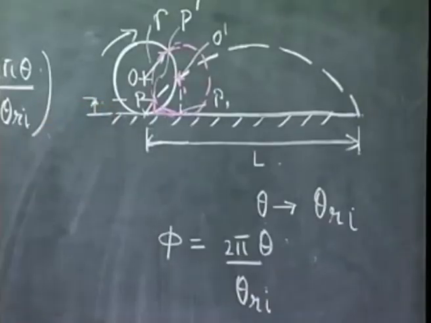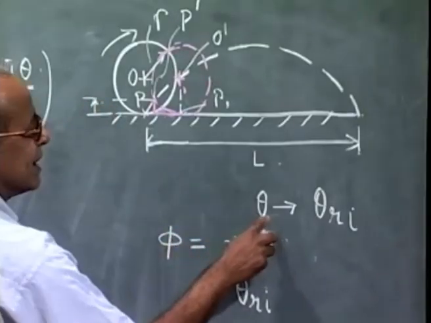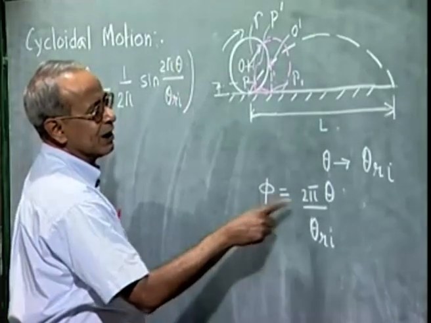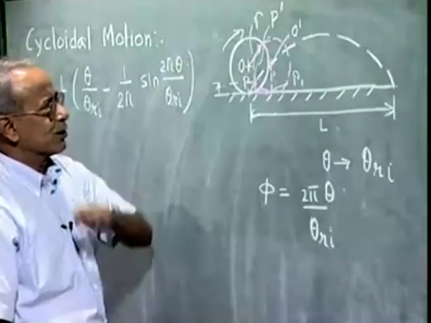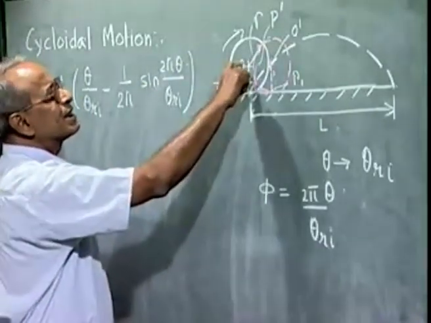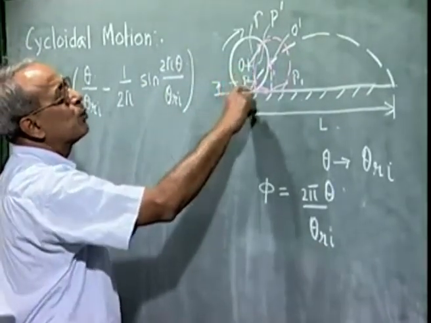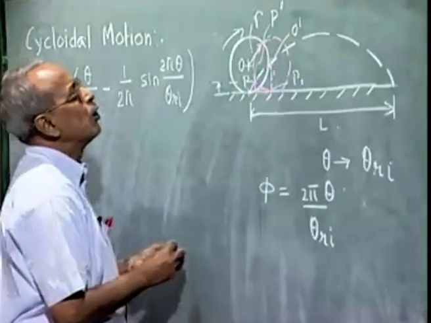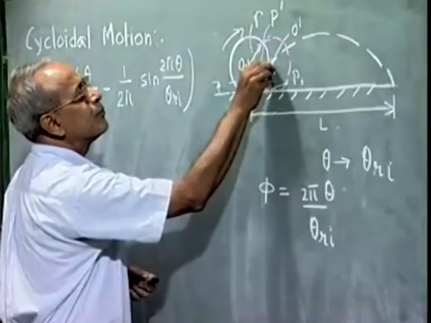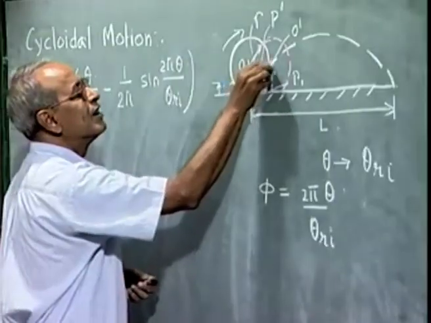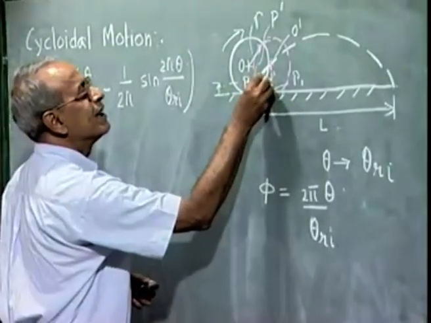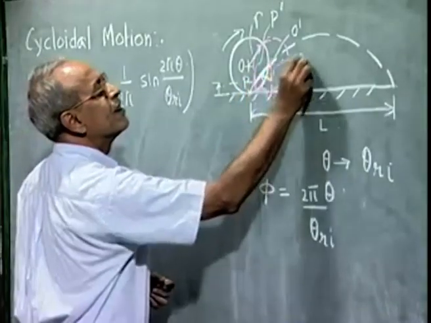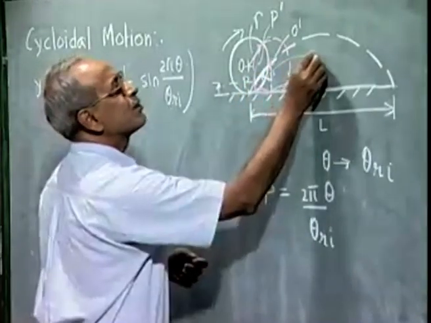This is my y. Theta is the cam rotation, phi is the rotation of this wheel, and phi and theta are related by this. So this vertical radius OP has now become O prime P prime, and this rotation is phi.